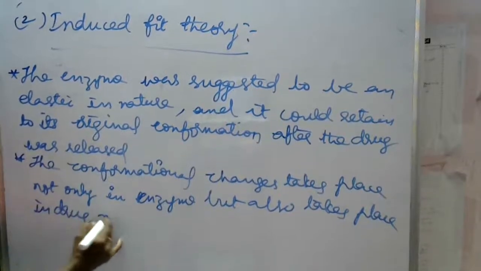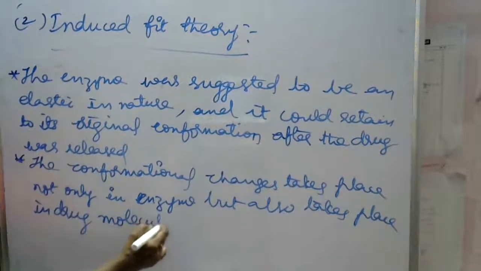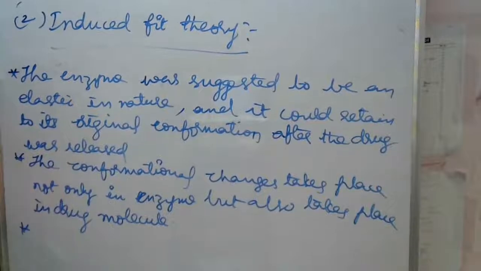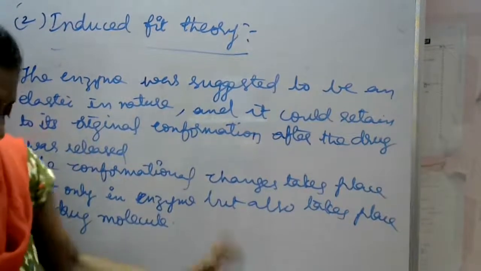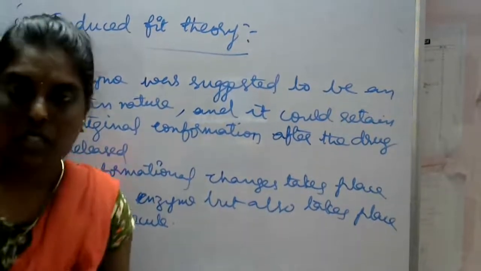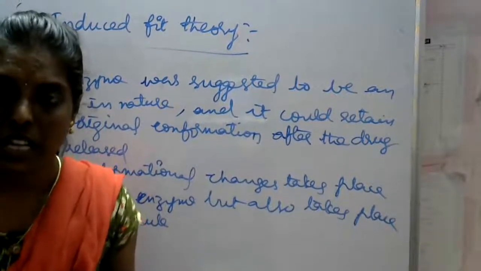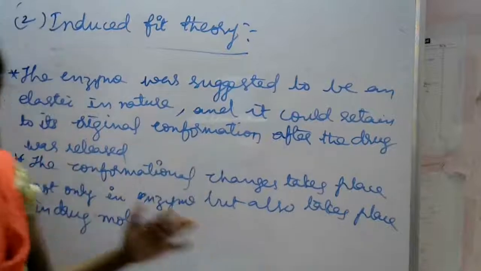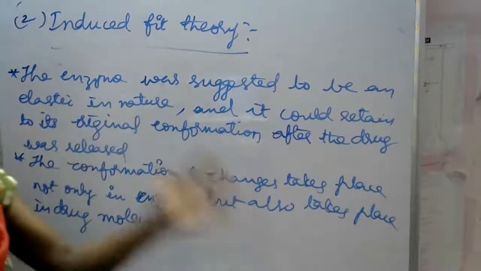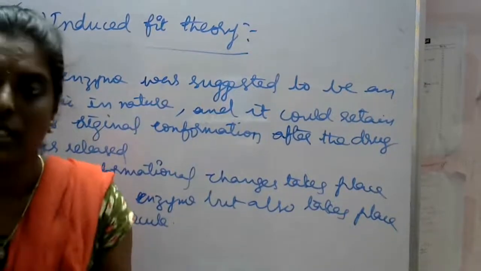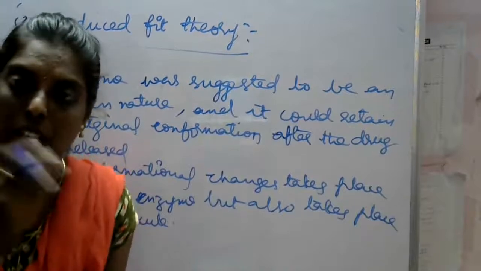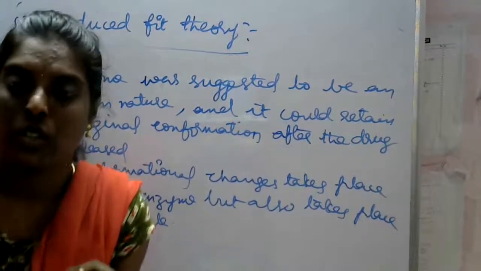According to this theory, an agonist would produce conformational changes which lead to the biological response. And what is an antagonist? An antagonist binds the enzyme without any conformational changes. Only the agonist will undergo conformational changes.